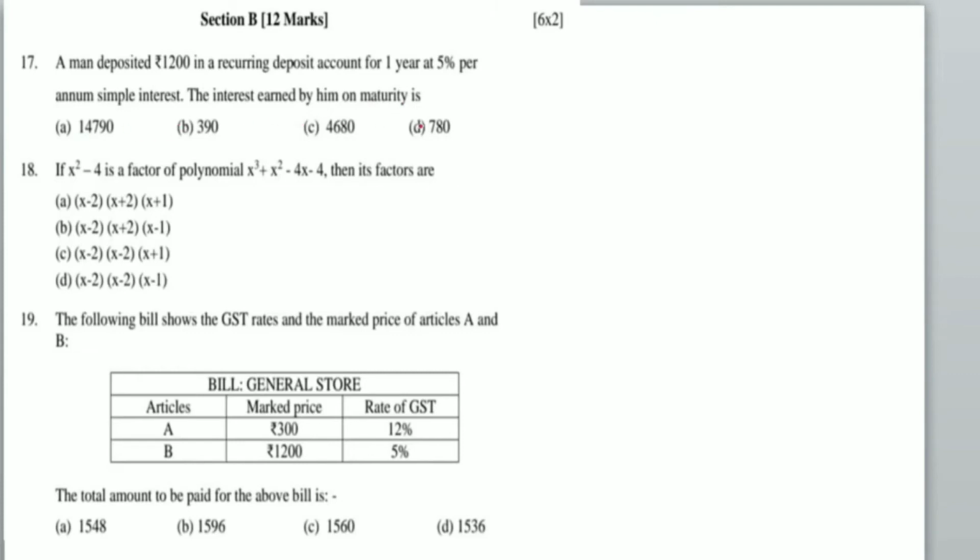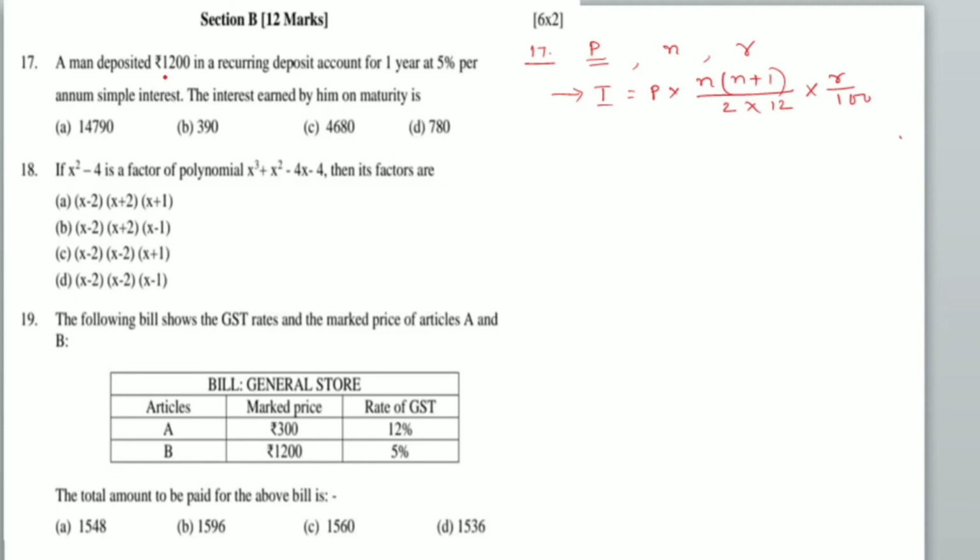Option A, B, C or D. We know that if an amount P is deposited for n months and the rate of interest is equal to R, then the interest on whole deposit will be I is equal to P into n into (n plus 1) by 2 divided by 12 into R by 100.